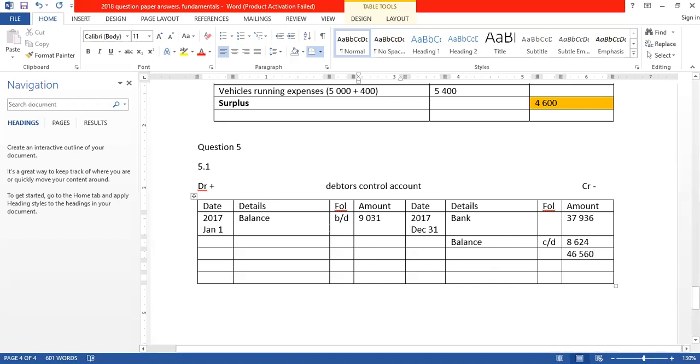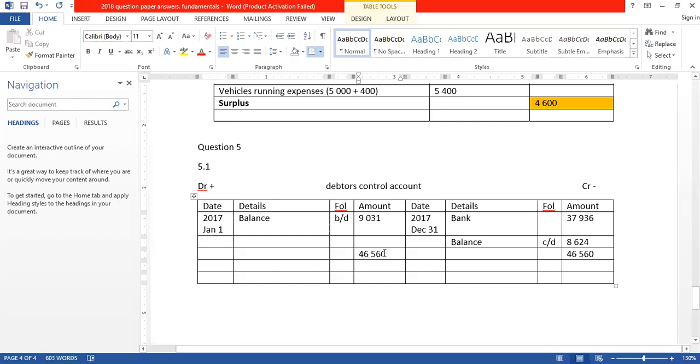After recording it on both sides, you find the difference on the smaller side. You balance off the smaller side.